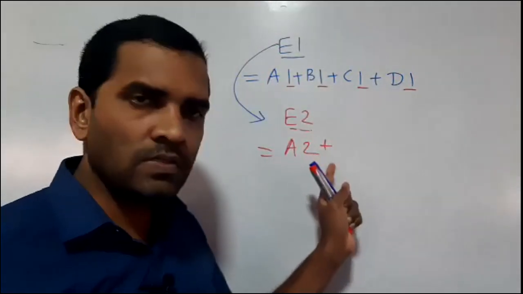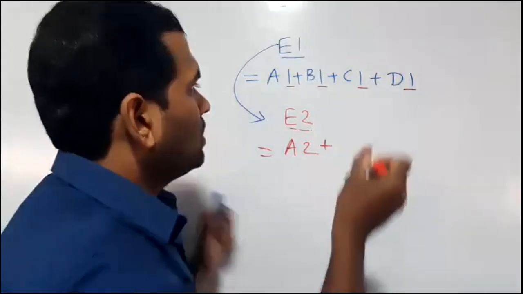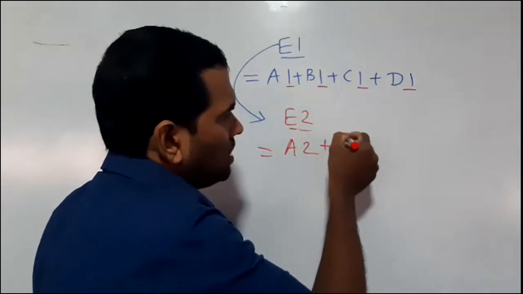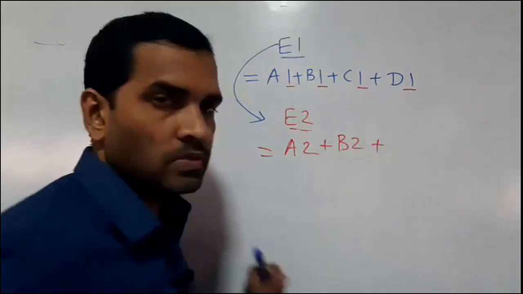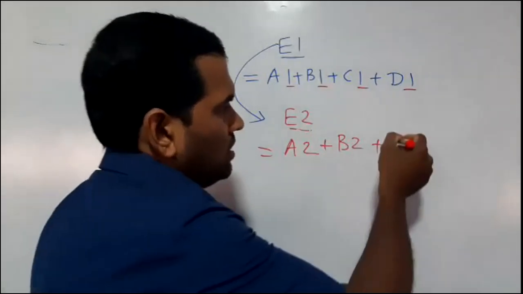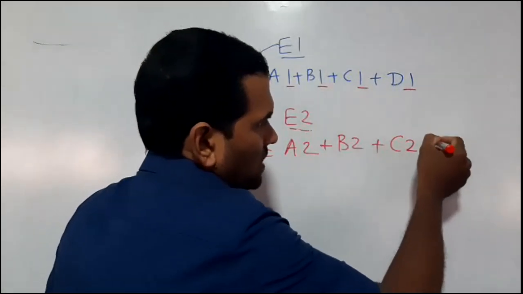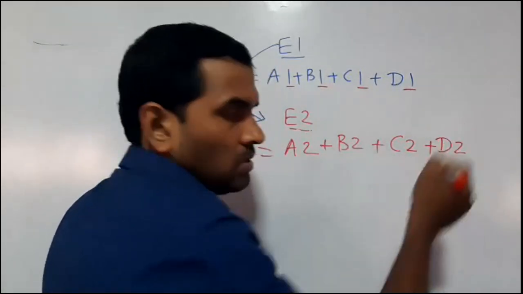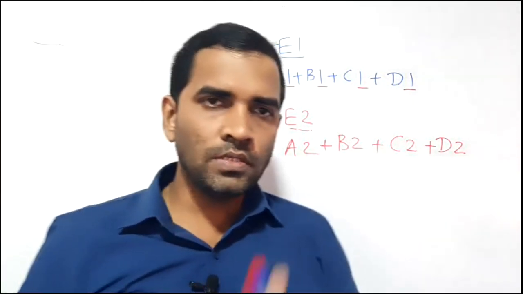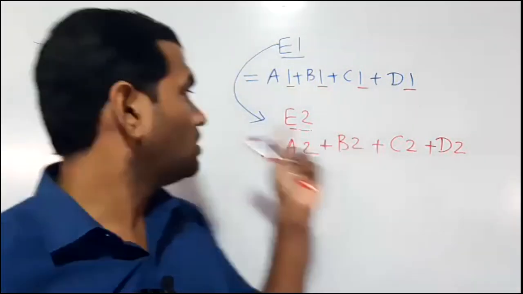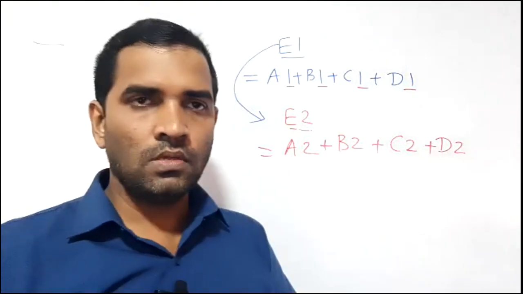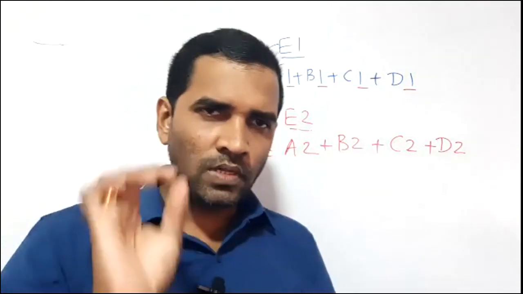When you copy a plus, definitely it is plus. B1 must be B2, plus. C1 must be C2, plus. D1 becomes D2. This is the formula displayed in cell E2. Have you understood? This is a very simple idea.